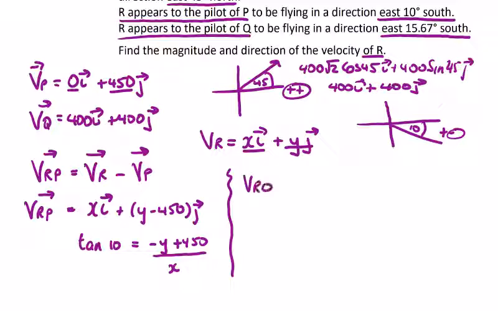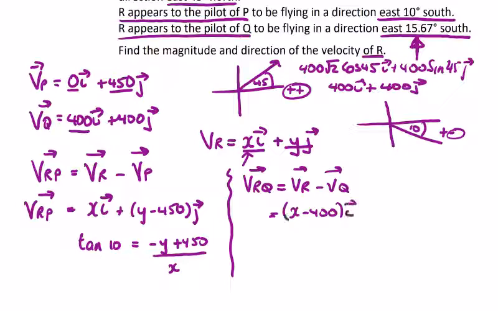Velocity of R relative to Q. We have in the same direction, positive, negative, this east 15.67 south. And we know this is the velocity of R minus the velocity of Q. So we have R is going to be x in the i direction minus 400, then in the j direction we're going to have y, again minus 400 in the j direction.